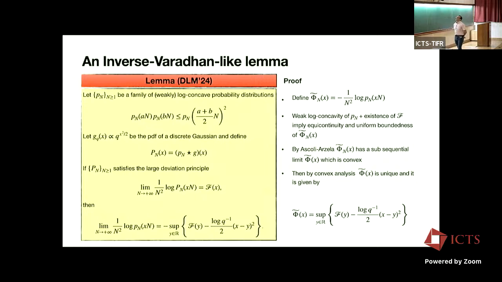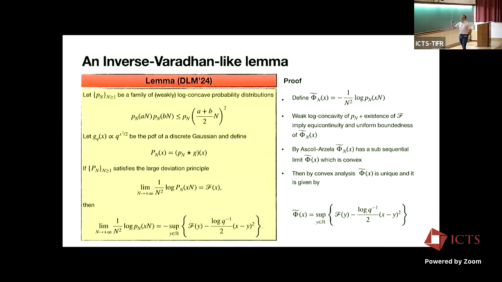Yeah. So this is a theorem, but I have 0 seconds, so I cannot go through it. We use classical tools to prove this theorem, such as proving equicontinuity properties of the pre-limit version of the rate function.